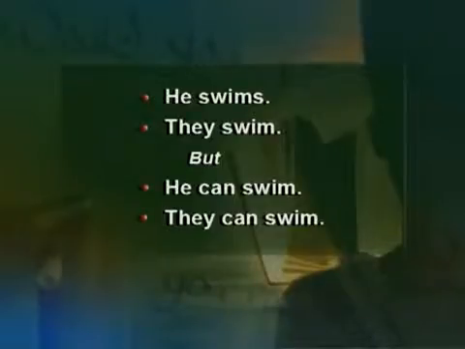Here we notice that the verb swim changes with the subject. If it is he, it is swims. If it is they, it becomes swim. But in modal auxiliaries, irrespective of the subject or the number in the sentence, they remain the same. For example, we say he can swim, they can swim, I can swim, we all can swim. So we see that they are not changed.